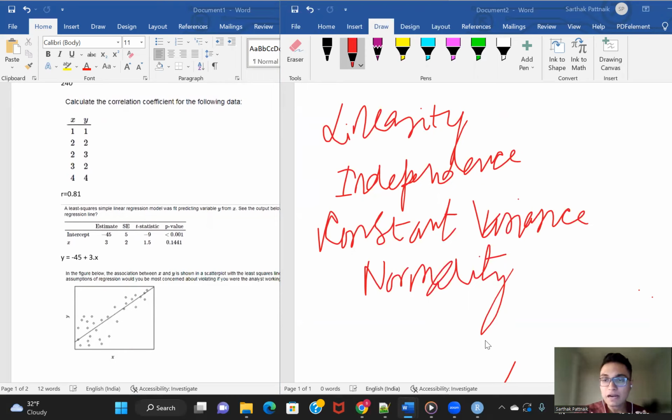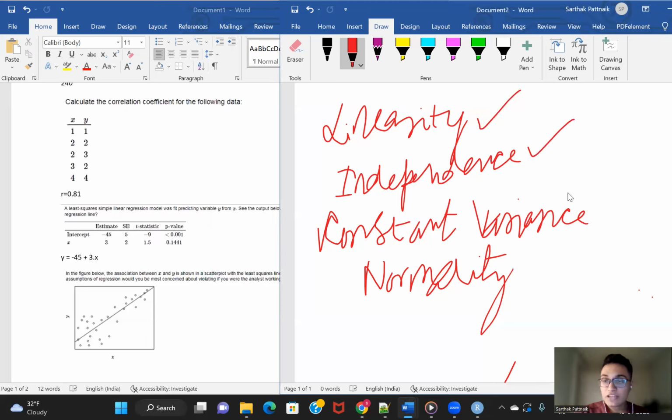There is no non-linear pattern that exists in this scatter plot. So we can surmise that the linearity assumption is met. There is nothing spoken about the way in which x and y have been collected. So by default, we need to make the assumption that x and y have been collected independently.